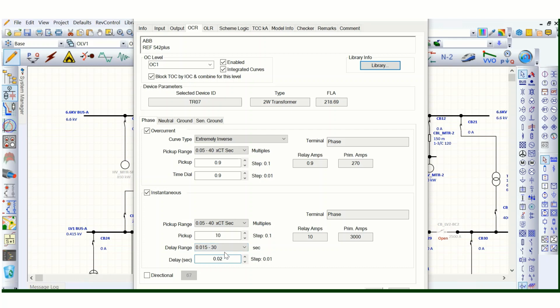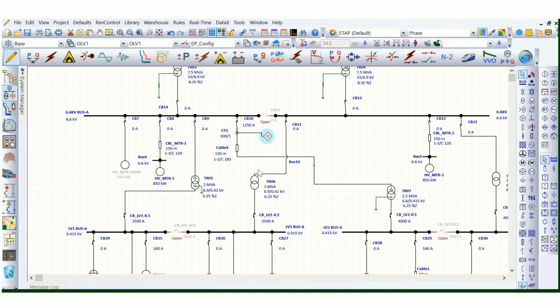This is the minimum range actually, the minimum is 0.015. So we are considering 0.02 second, that means 20 millisecond. There is no intentional time delay, so instantaneously that will be tripped. So we can use the solidly grounding system at 400 kV voltage level.